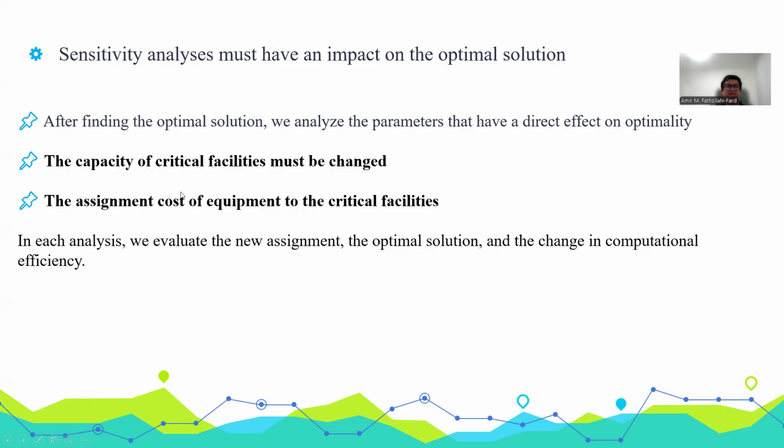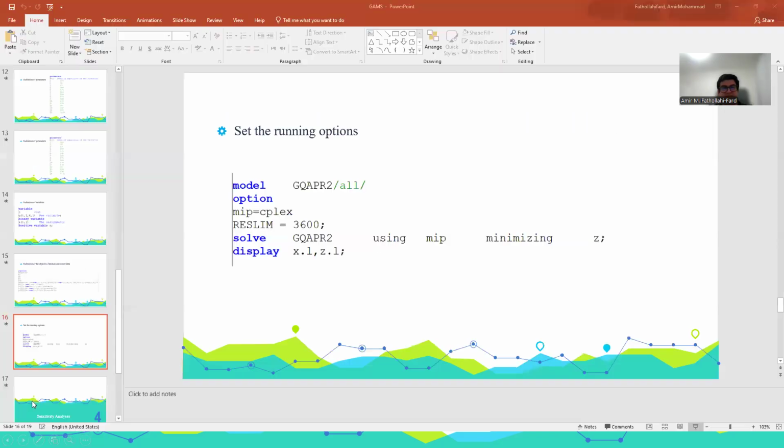So if I refer to the model, the parameters given in the objective function are important. Another one is the capacity constraint, which is also very important because we can see how much it has a direct impact.